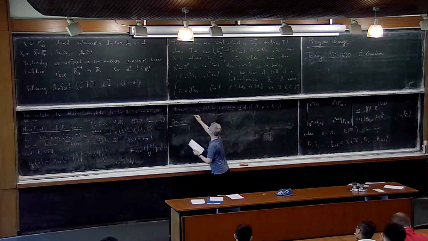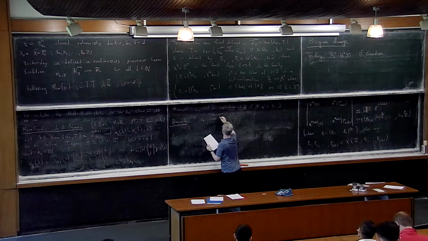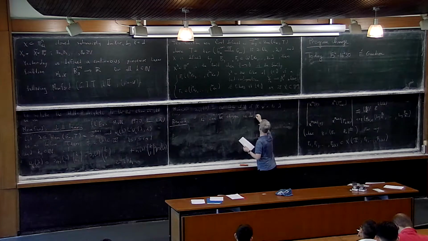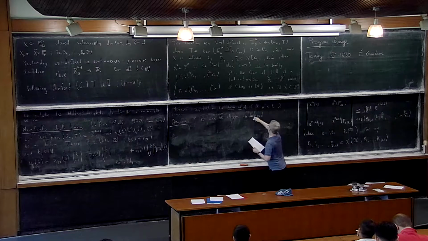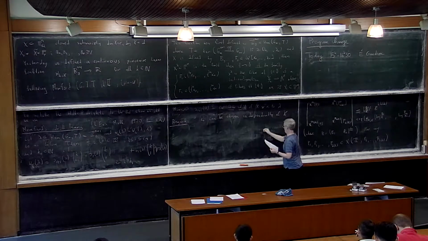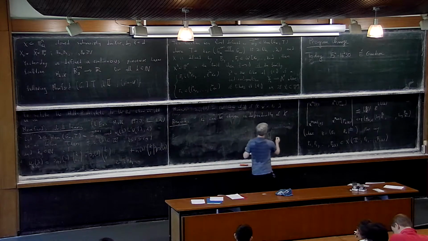So first this k0 can be chosen independently of x, and independently of lambda also.